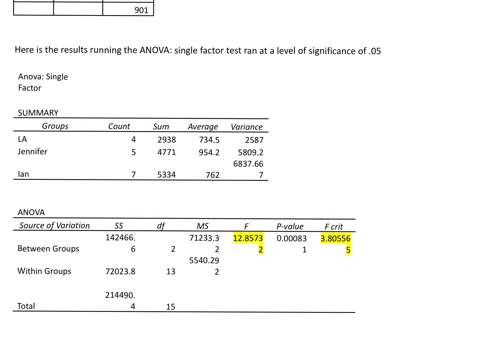The only two values we care about here are the F statistic and our F critical value. In this case, our F statistic is greater than our F critical value, which means we reject our null hypothesis. And we would say that there is a significant difference.